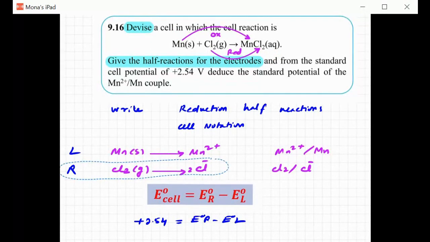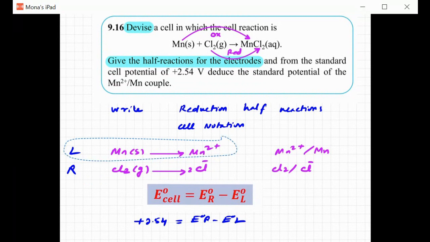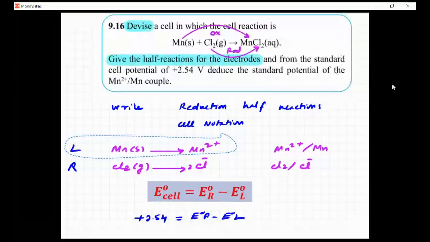I have to read the standard potential of the right and use it to find the standard potential of the left, because it is the unknown. Now, you might say, I have it in the table. Yes, we know you have it in the table, but you are not allowed to use the table now. You are supposed to calculate it yourself, because we gave you the standard cell potential.